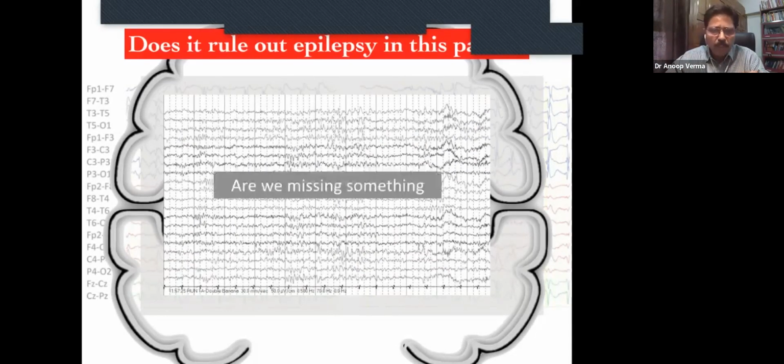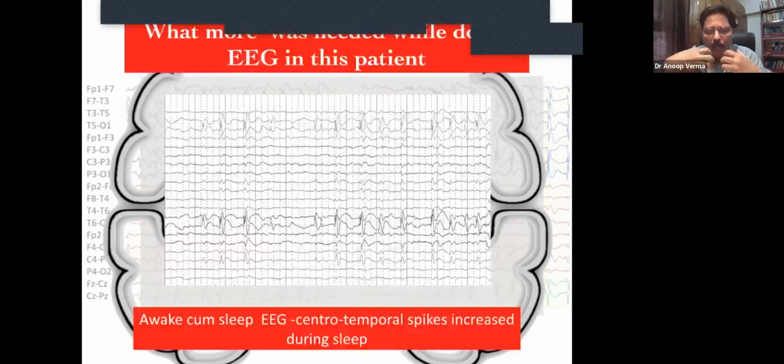So what was the mistake? When provocation was done, when an awake-and-sleep record was taken, it was seen that it was a case of centrotemporal spikes, which increase in sleep. So it is very, very important to counsel and advise the EEG technician and the accompanying parents at what time and in what situation the EEG should be done.